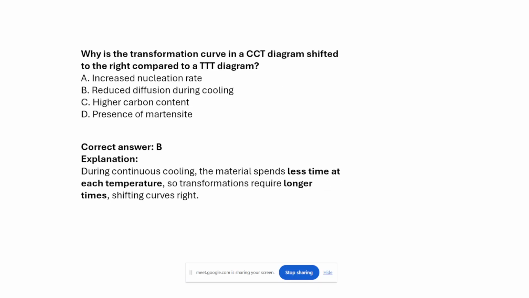Next question: why do the transformation curves in the CCT diagram shift to the right compared to the TTT diagram?